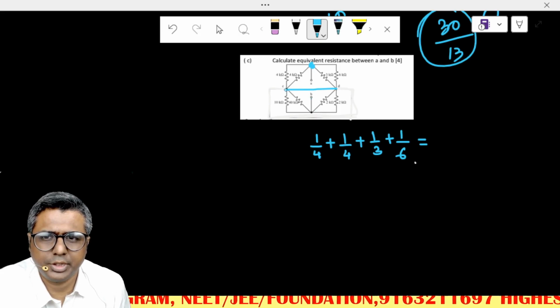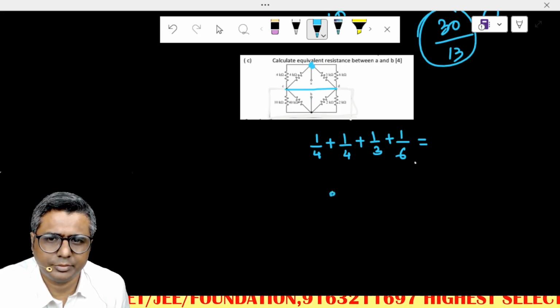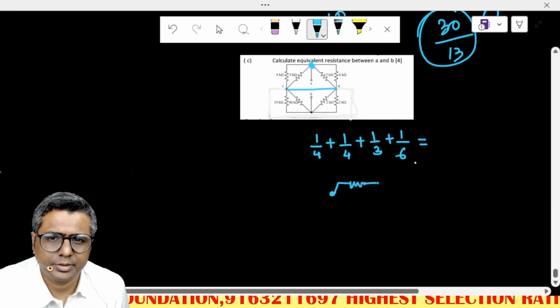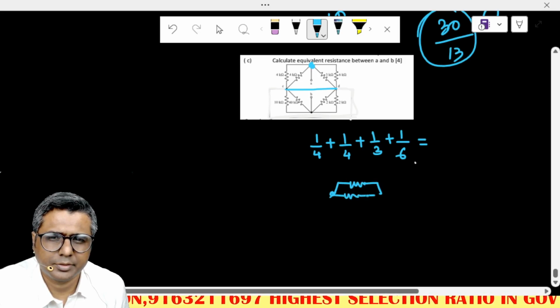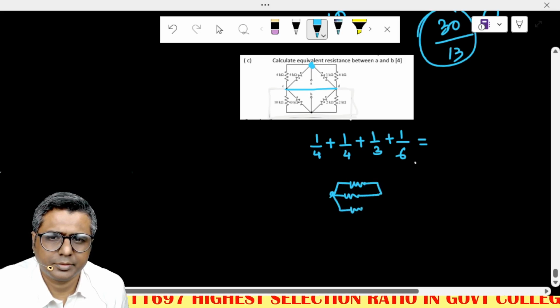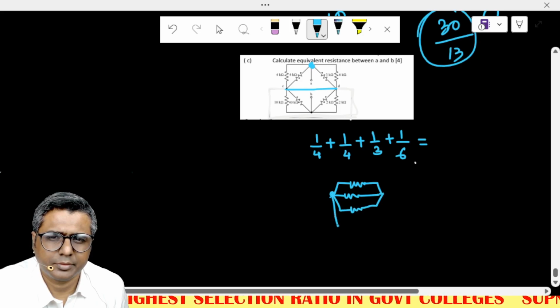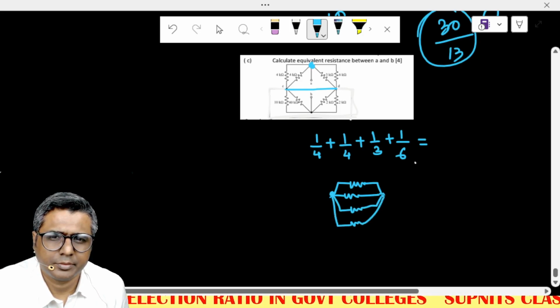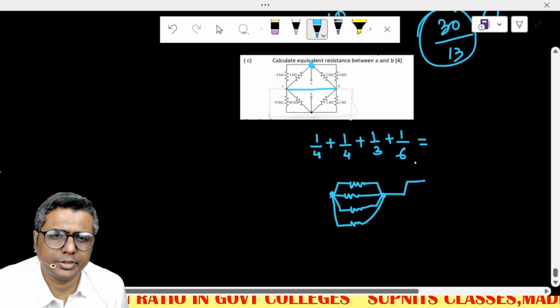These are basically a joint circuit. So it is like this. And then again it goes like this.